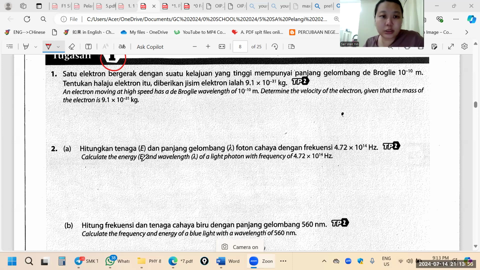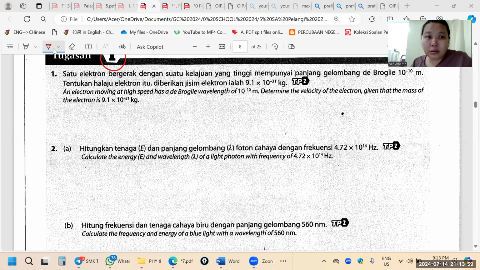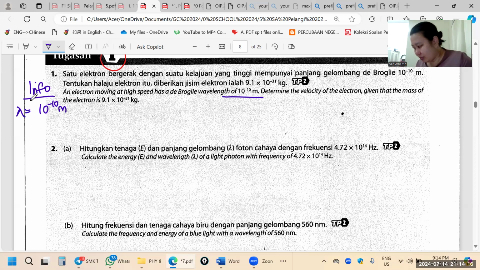Okay, any question to ask? So always involve formula first. Actually, this is lambda. So this chapter, one of the tricky things is the prefix and the way they write without prefix.